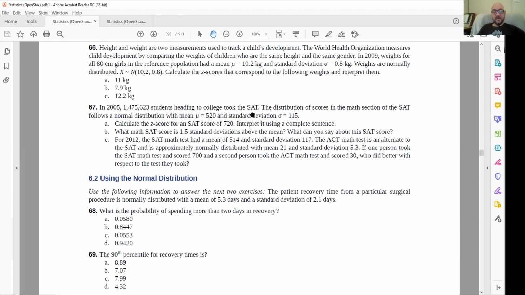So we've got mu equals 520, sigma equals 115. Calculate the z-score for an SAT score of 720. All right, we'll interpret that using a complete sentence.